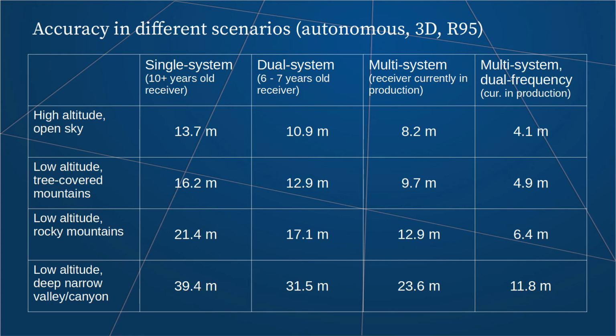And the fourth situation is also at low altitude, but this time the mountains are on both sides. The receiver in this situation will be in a deep valley or deep canyon with obstructed view from two of the sides, and also with moderate multipath effect.